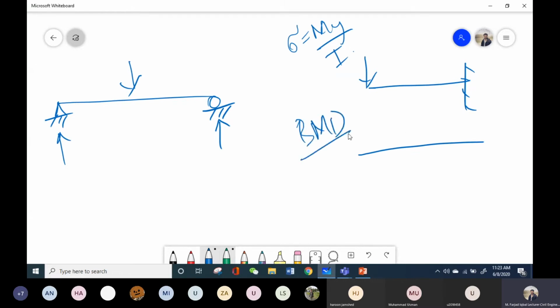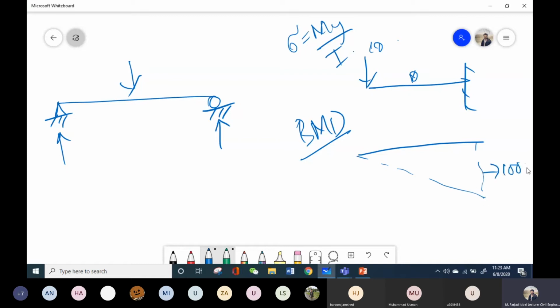To find the maximum bending moment, you have to plot the bending moment diagram, and from that diagram you will figure out the value of maximum bending and its orientation. For example, for this cantilever beam, if this distance is 10 and this load is also 10, this will be my bending moment diagram.